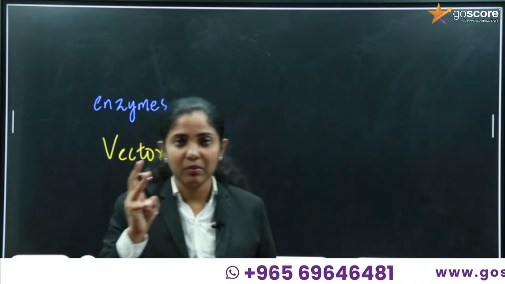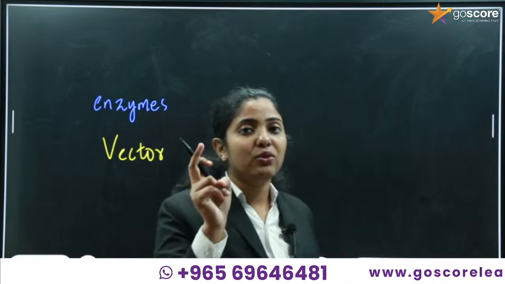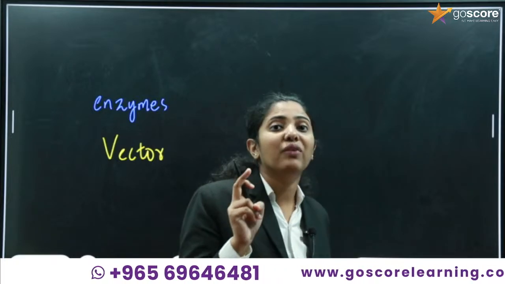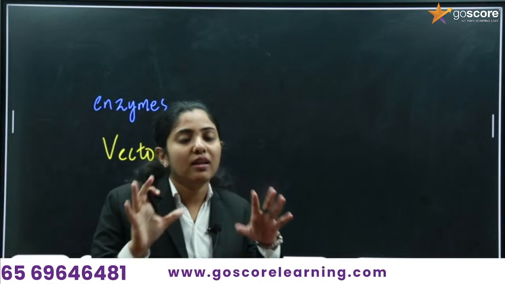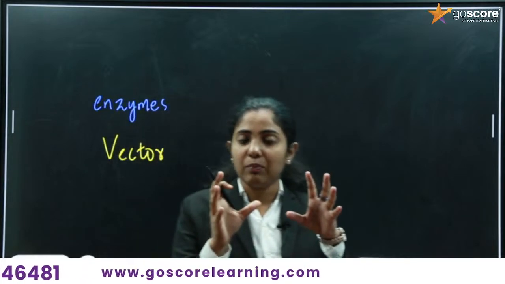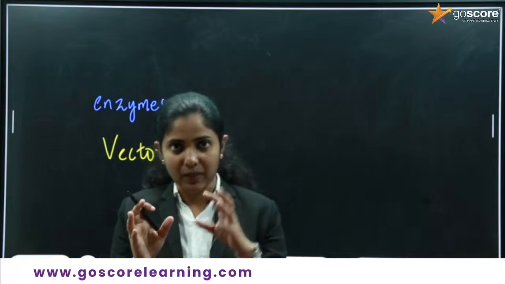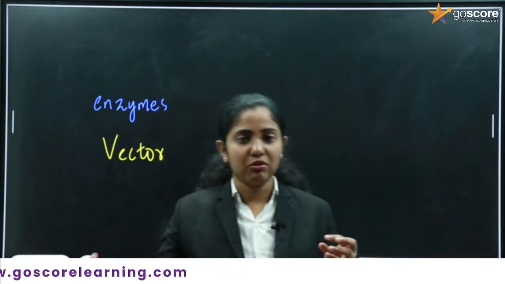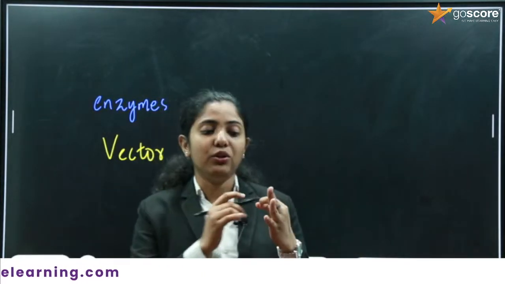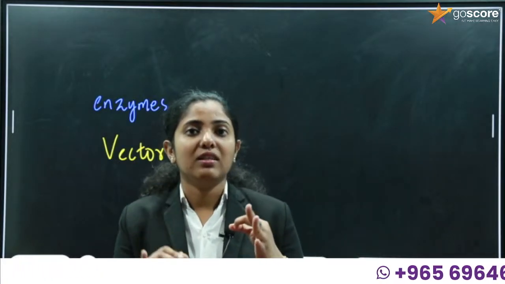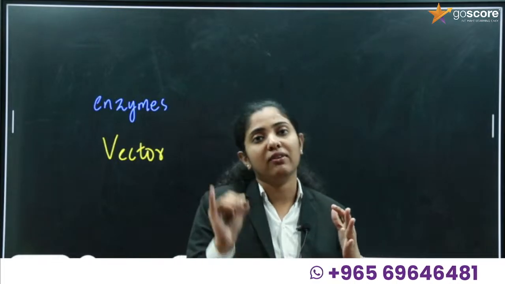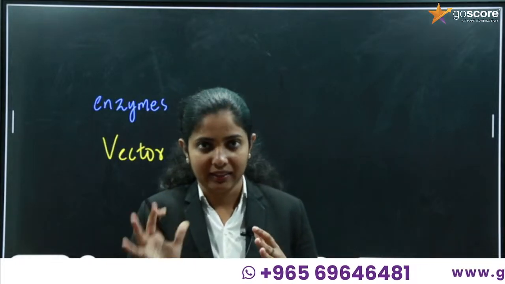You have to keep in mind the restriction enzyme, and also the vector molecules. Also, you have to keep in mind the host organism where it has to be introduced. Those are the three important tools that you have to keep in mind. So today we will be discussing the processes of recombinant DNA technology.